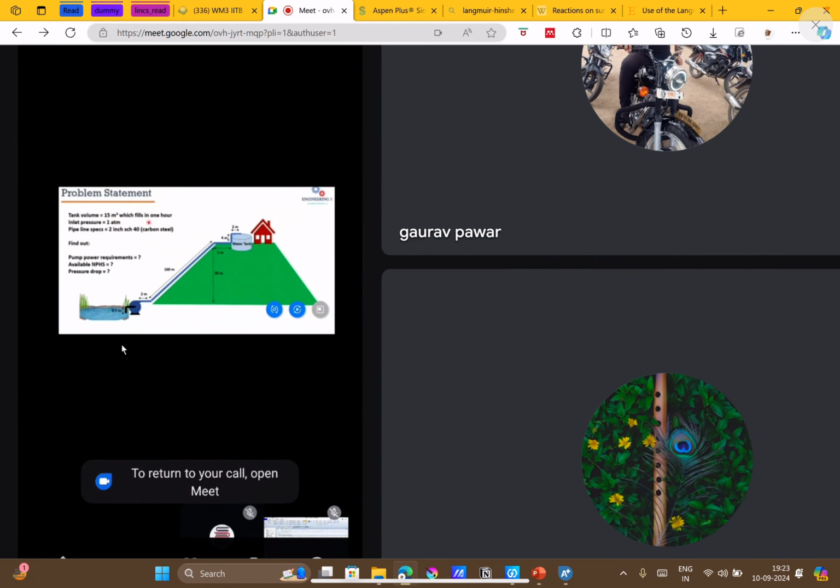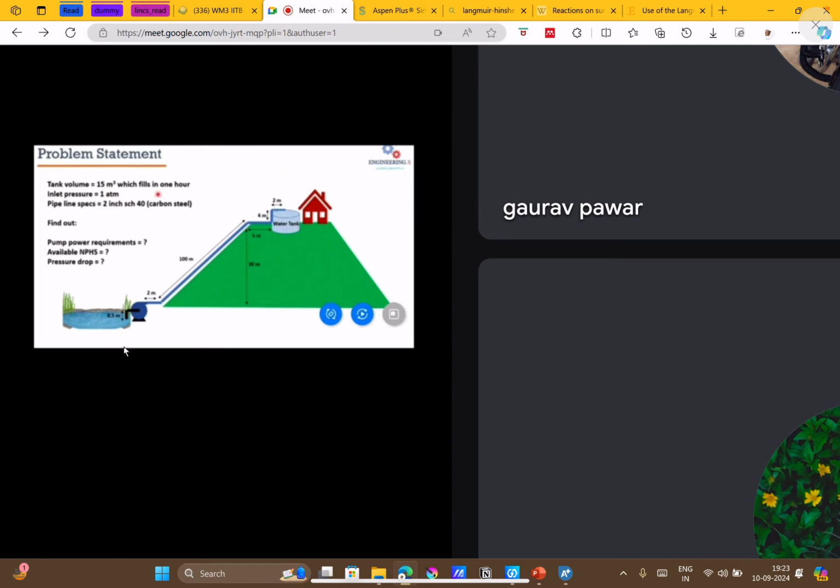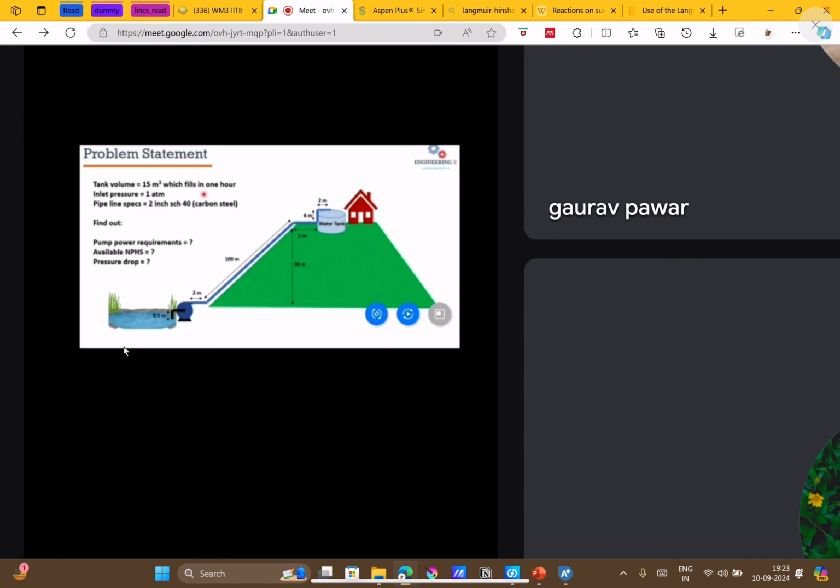Can you pause there? Tank volume is given as 15 meter cube which fills in 1 hour. Inlet pressure, pipeline specifications are given. Find out pump power required, available NPSH, pressure drop.